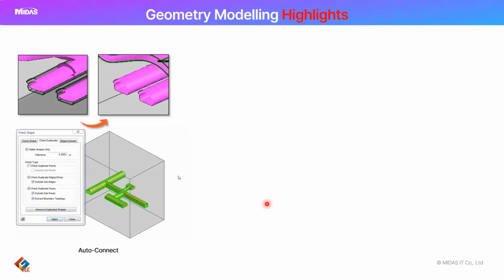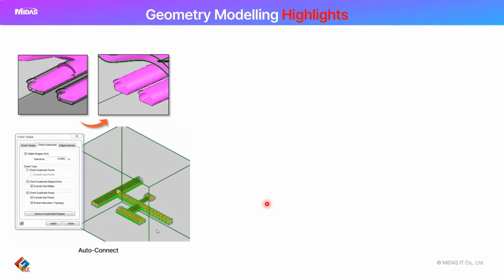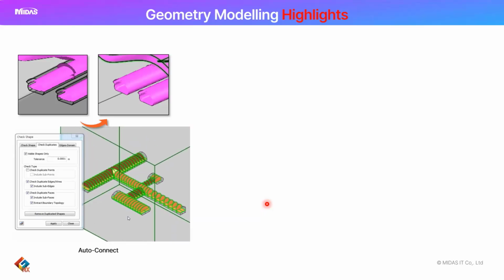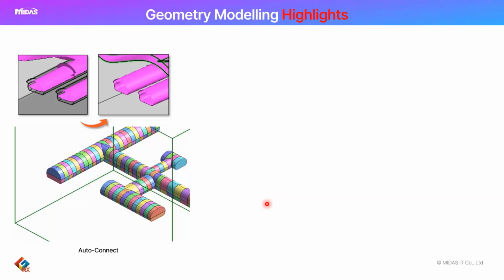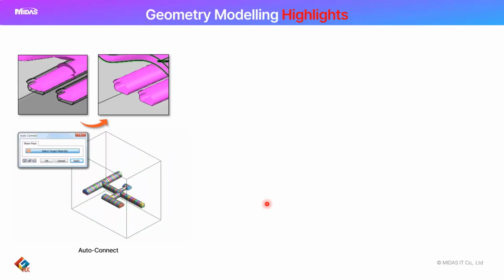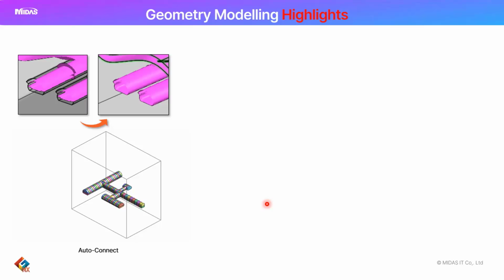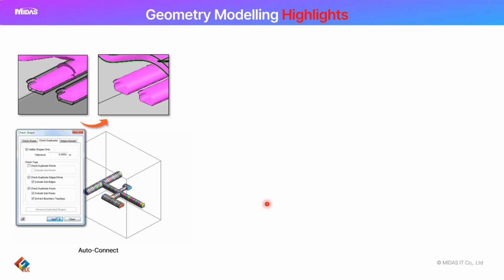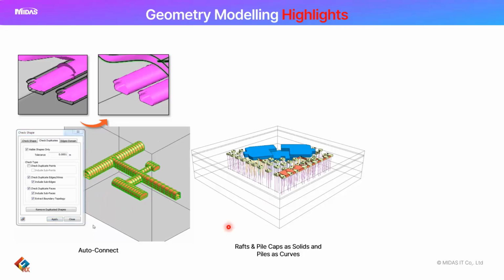We need to make sure that each solid is connected to the surrounding solid, so that only then will you be able to have the proper stress transfer. Here in this software, you will have a feature called Auto Connect, which will be helpful for you to connect each and every solid with the adjacent one. Thereby no meshing issues, and very less or no divergence issues in the software. So it will be helpful for you when you're dealing with this kind of structures.